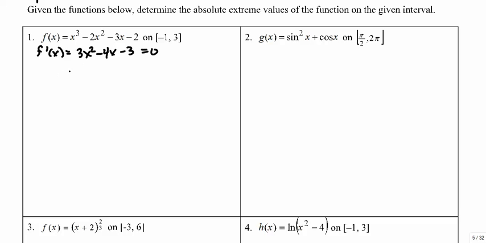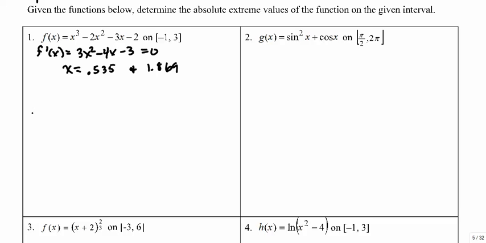Okay, welcome back. Hopefully you found out that x has a critical value at 0.535 and at 1.869, I think, if I'm looking at my notes. All right, so here's what we need to do now.